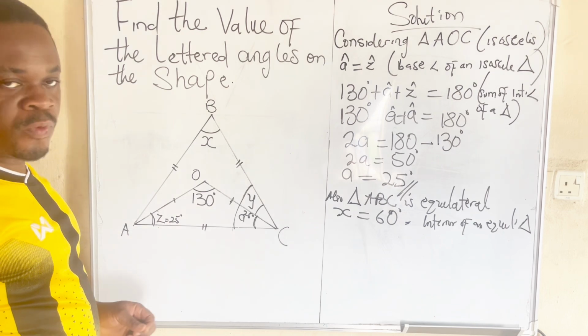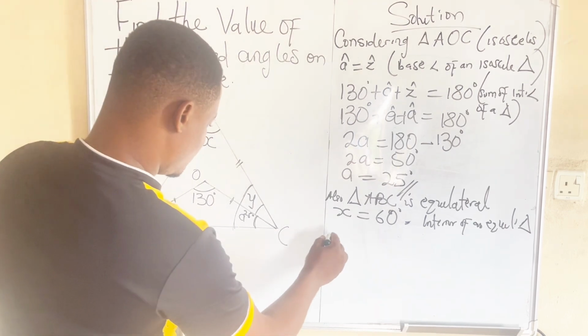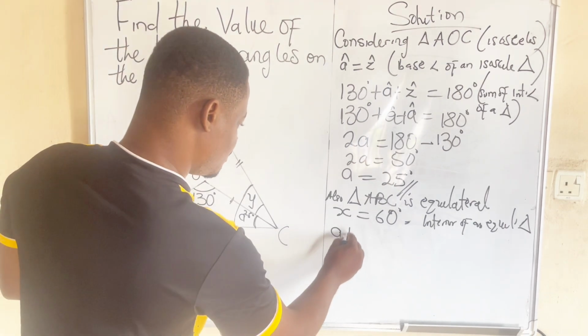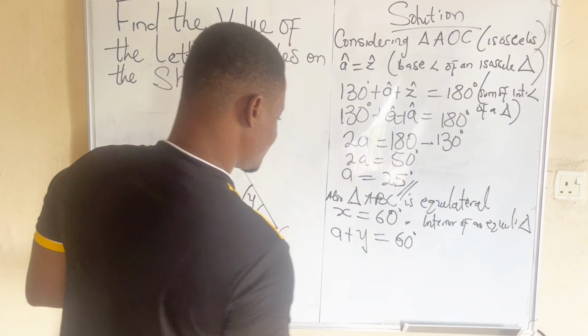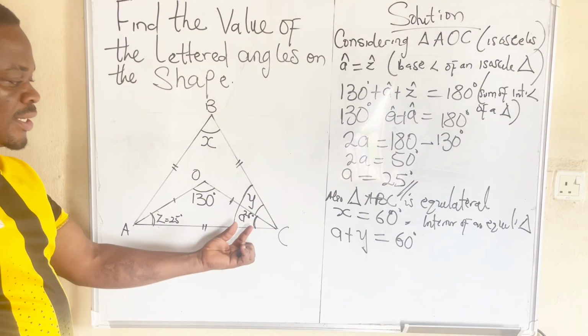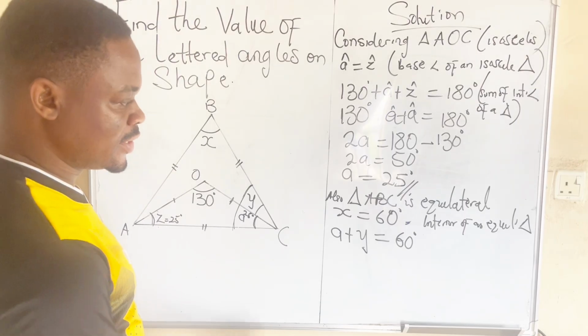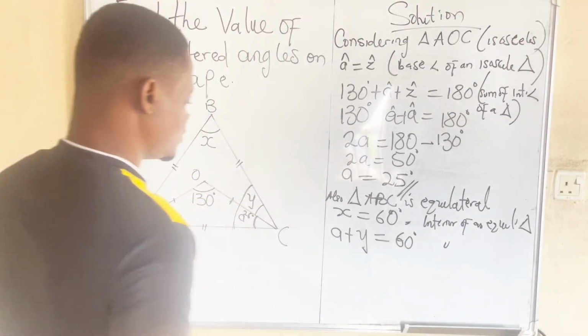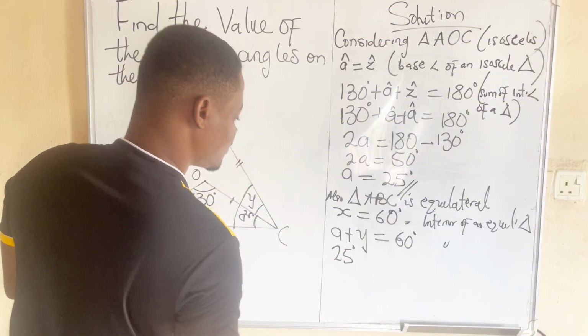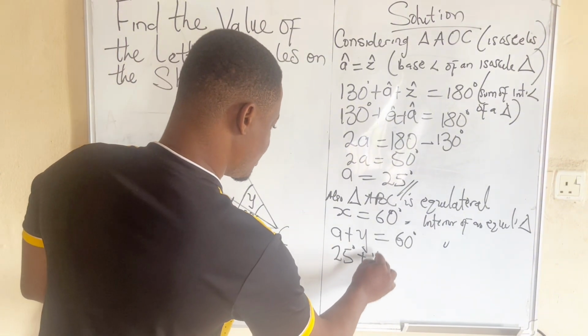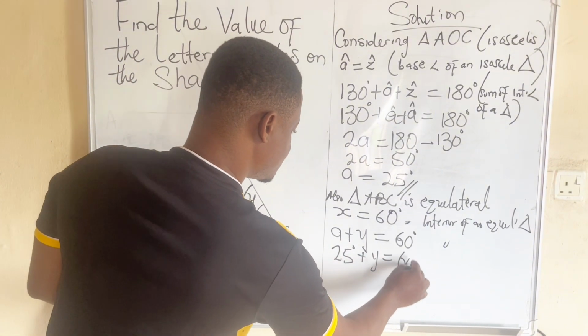Now, to get the value of Y, A plus Y is 60 degrees. Why is it 60? It is the angle of an equilateral triangle, the same reason as here. And A is already 25 degrees, so 25 plus Y equals 60 degrees.